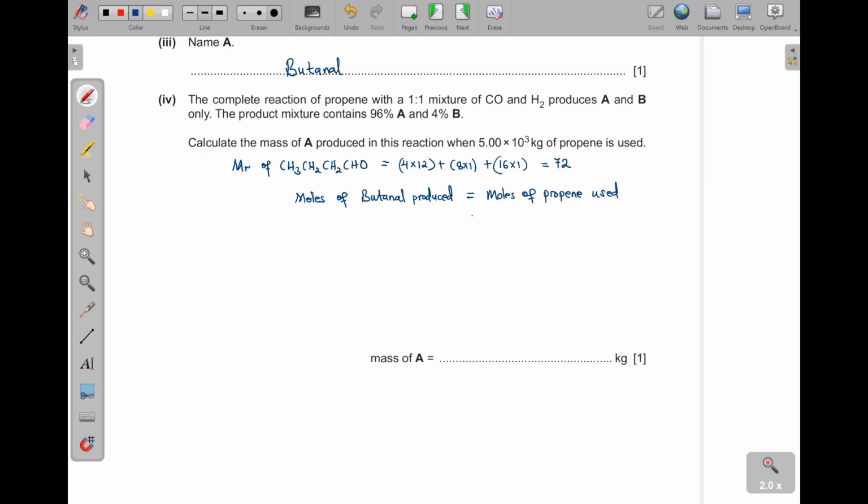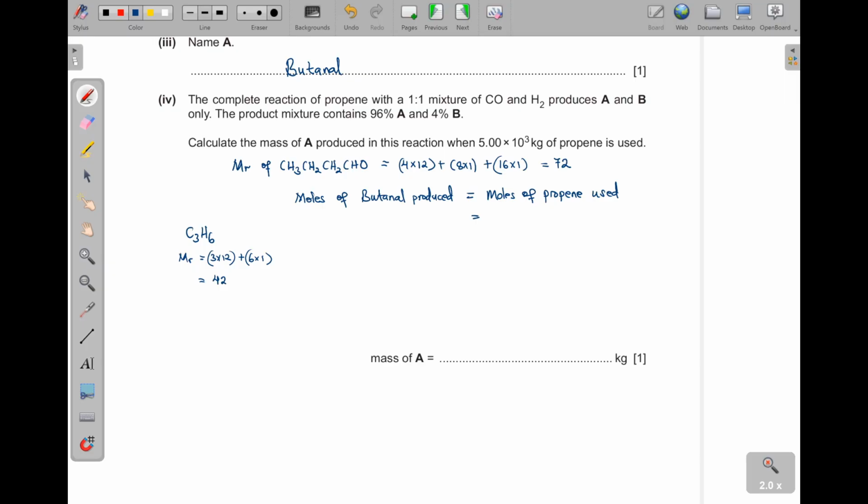Now, what will be the moles of propene? Propene is an alkene, so C3H6. That means its MR is going to be 3 times 12, which is 36, plus 6 times 1, that is 6. So 36 plus 6, that will be 42.